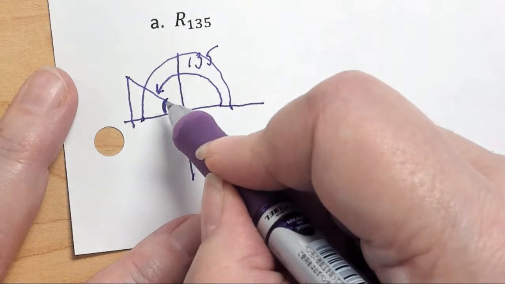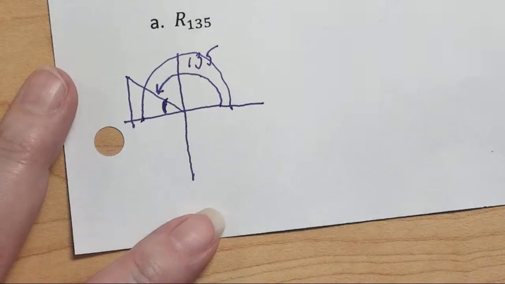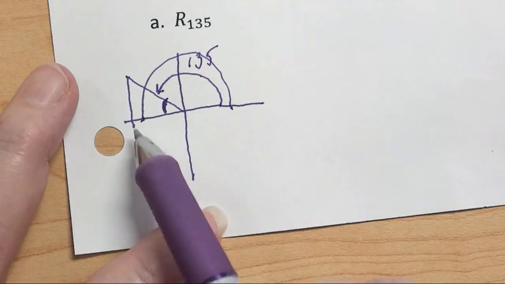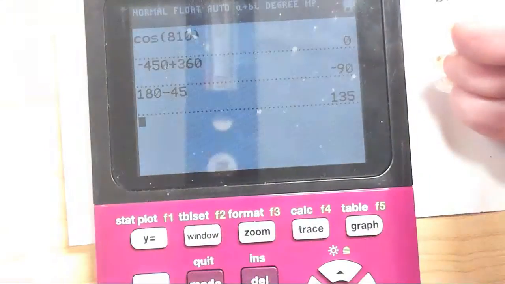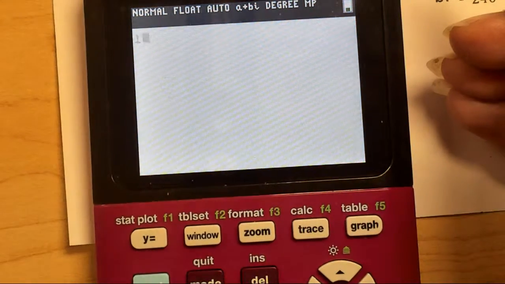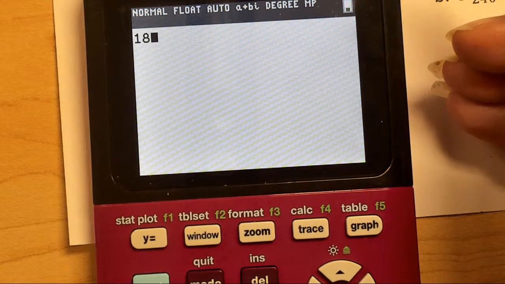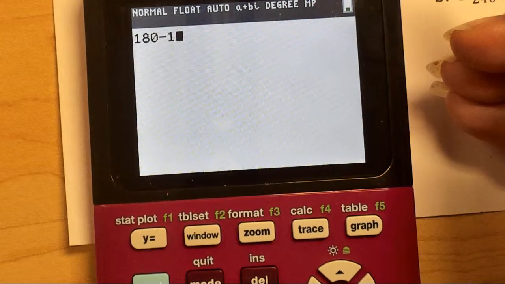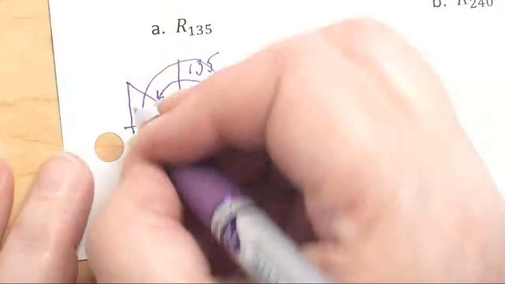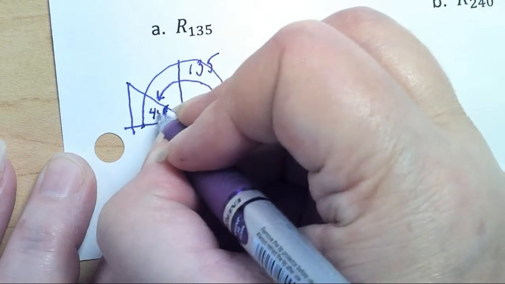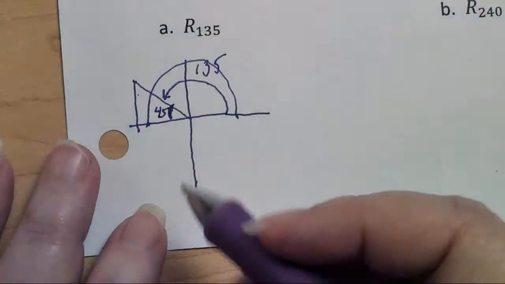So how can I find out this? 180 minus my 135. So take 180 minus my 135, and I get a 45. So that means this right there is a 45, and that's a 45.